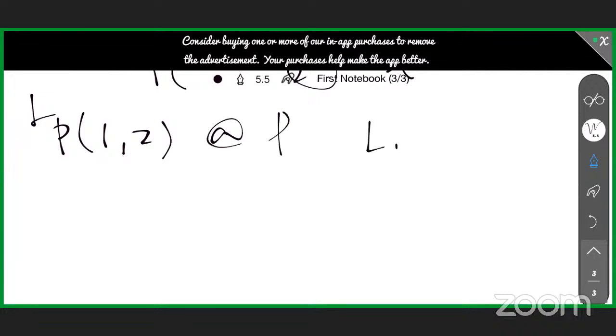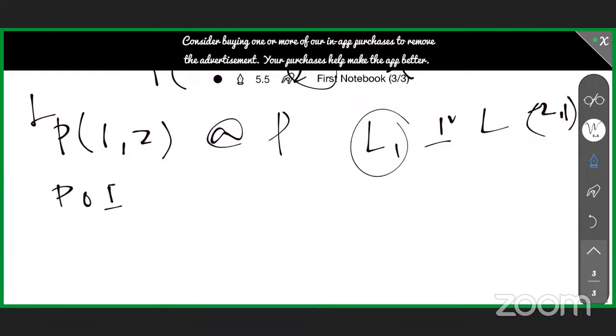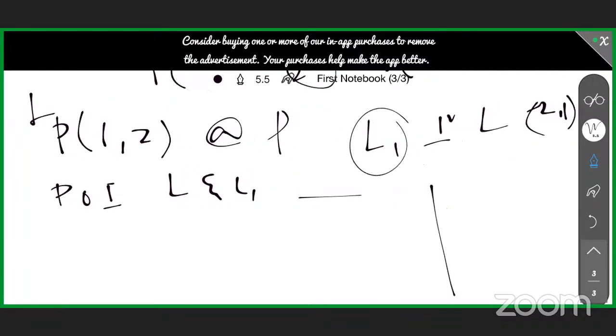If L1 is a line perpendicular to L and passing through the point (-2, 1), then the point of intersection of L and L1 is dash. First of all, we'll draw the figure and see what they're telling.